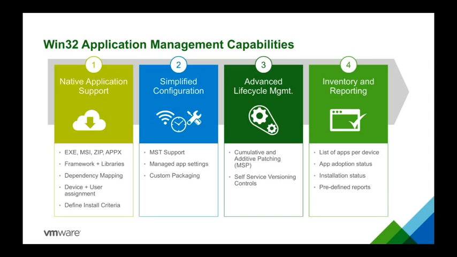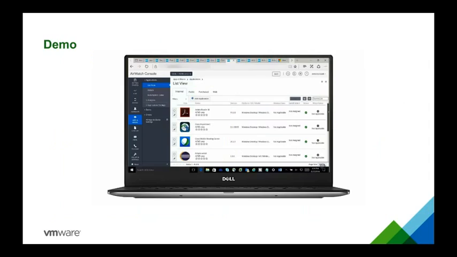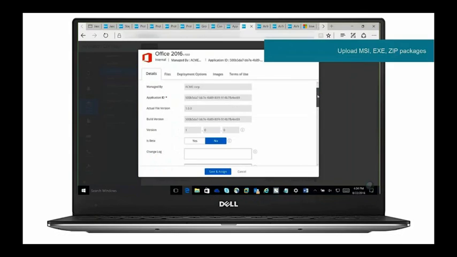So in terms of a demo, again, this one's quite a fast-paced demo, but this is going to show some of the software delivery capabilities of the Workspace ONE platform driven by AirWatch. So you see that in this example, we're looking at Office 365. We're able to upload the executable, zips. You can define application info, supported OS, application dependencies.